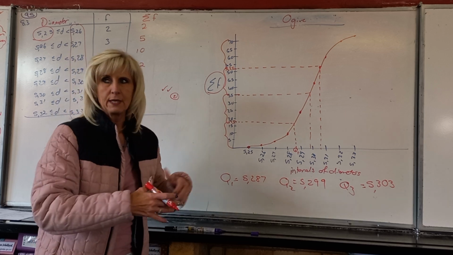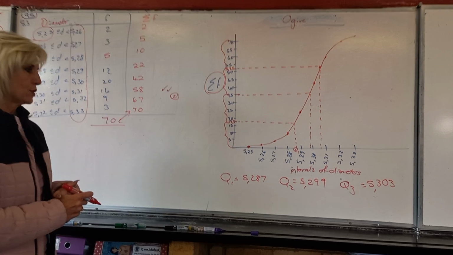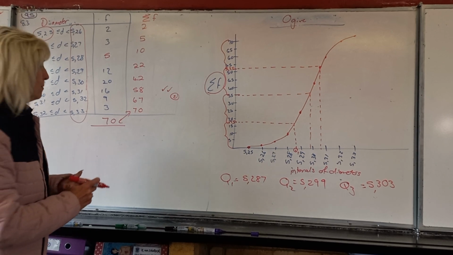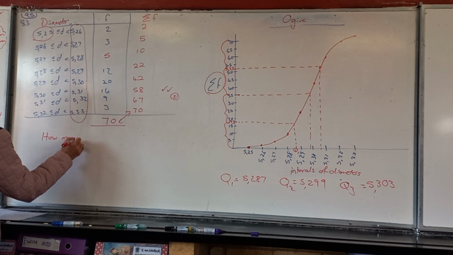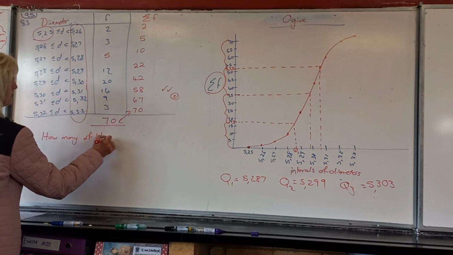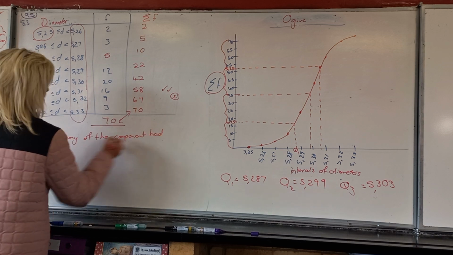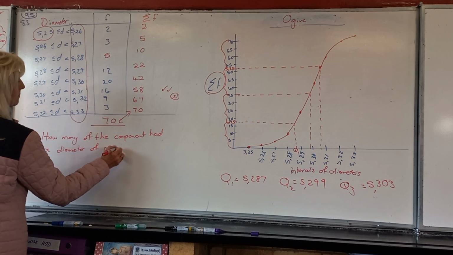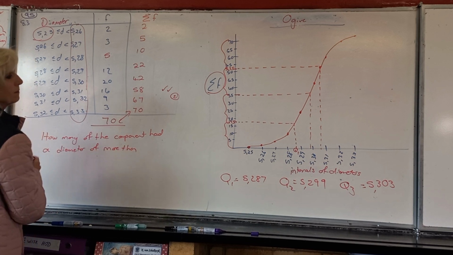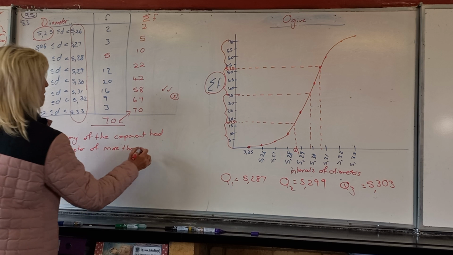Now what does that mean again? Now I can come to questions like, which wasn't a question that you were asked. How many, let's write it down. How many of the components had a diameter of more than, let's say 5,315.